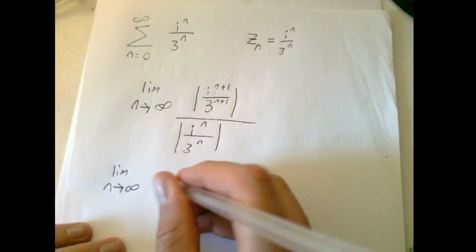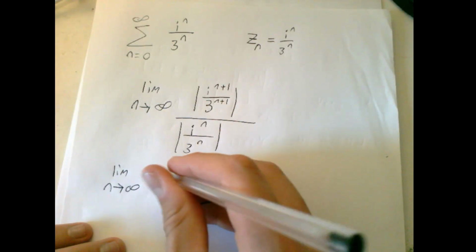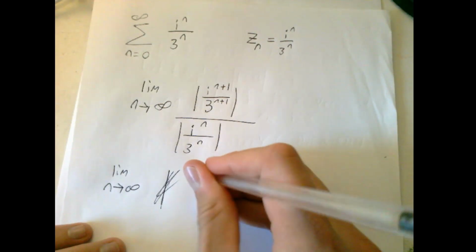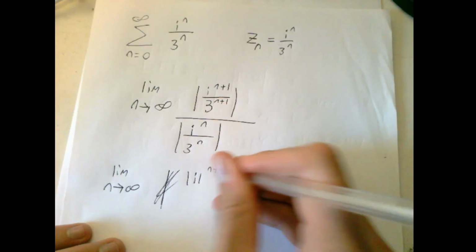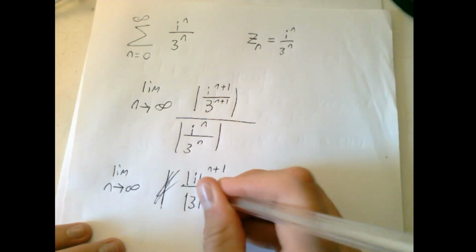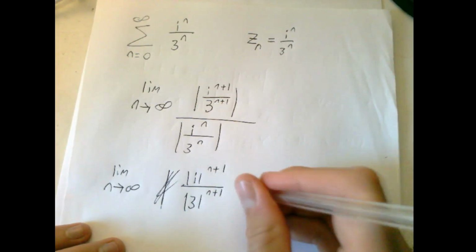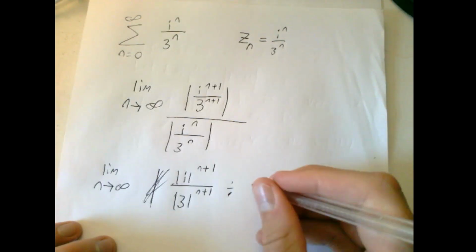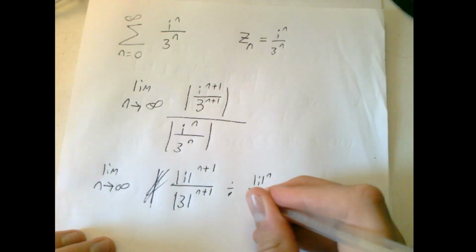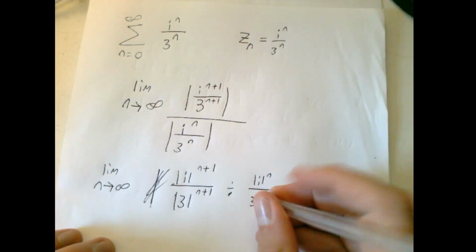So we can take the modulus outside. We can write this as i^(n+1) over 3^(n+1), divided by i^n over 3^n.